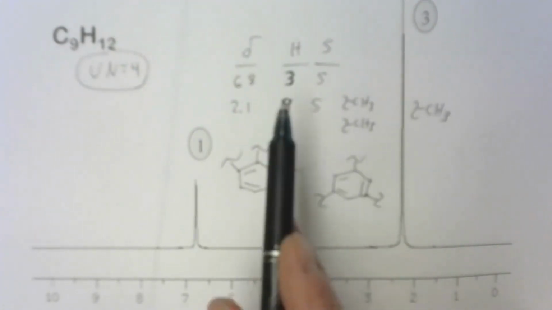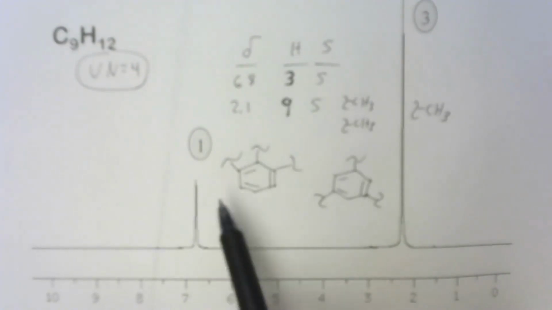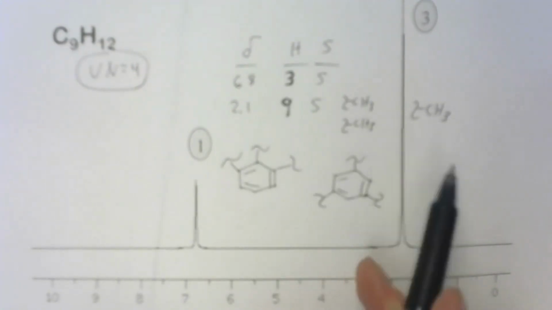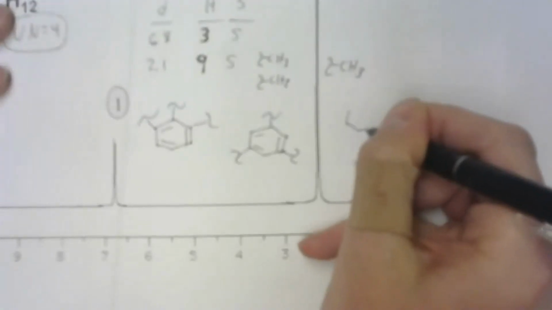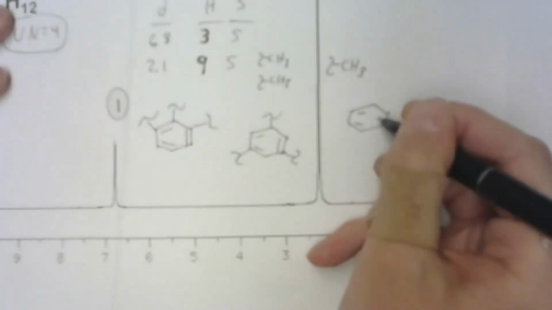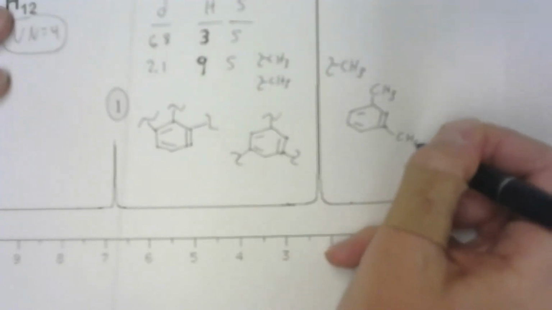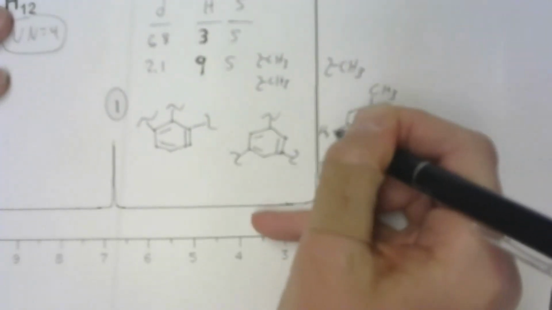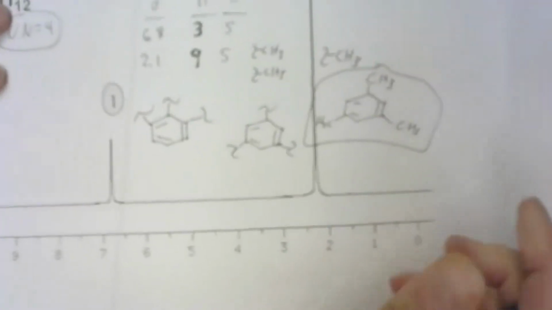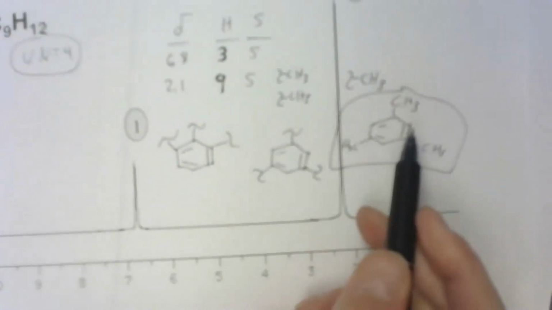And if you do this, it's going to be a nice clean singlet here and a nice clean singlet here because they're all symmetrical. So the final answer is trimethylbenzene, right? Trimethylbenzene.